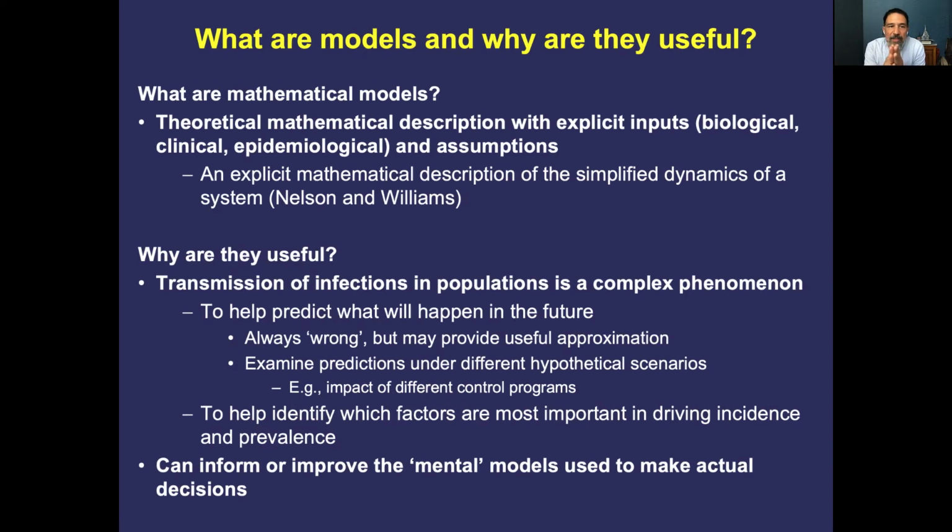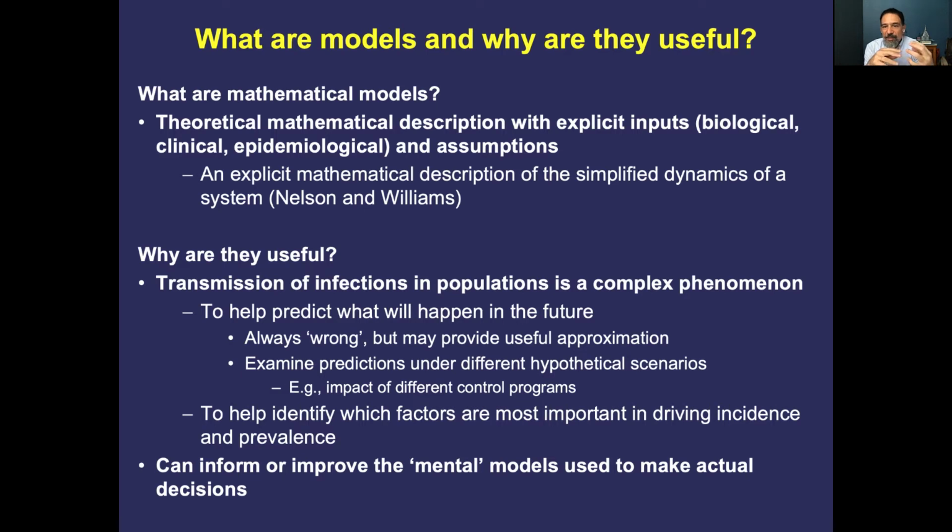So what are they used for in epidemiology? How are they useful? Mathematical models really are basically taking these complex systems and reducing them to mathematical descriptions. And they rely on explicit inputs and assumptions based on what we know about the infectious diseases, and try to model them mathematically.